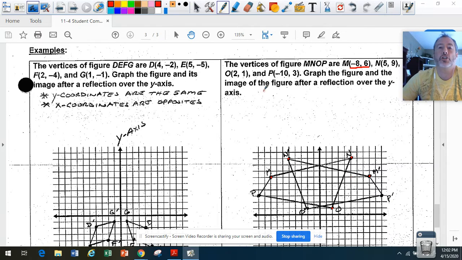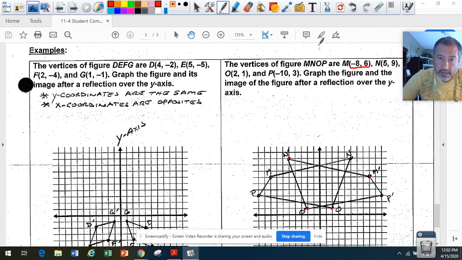So O prime is going to be -2, +1, located right there. Last point here, -10, 3. -10 way out here, 3 right there. There's our location of P. So P prime is going to be the opposite of -10, which is +10. Y stays the same. So it's going to be 10, 3 right here.